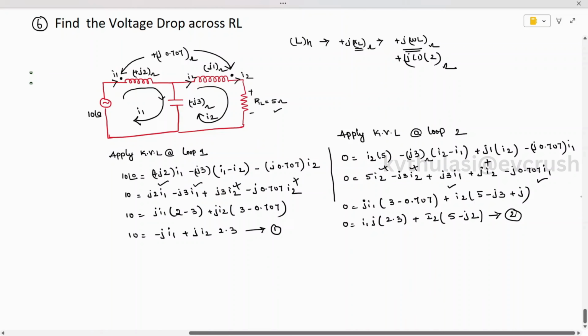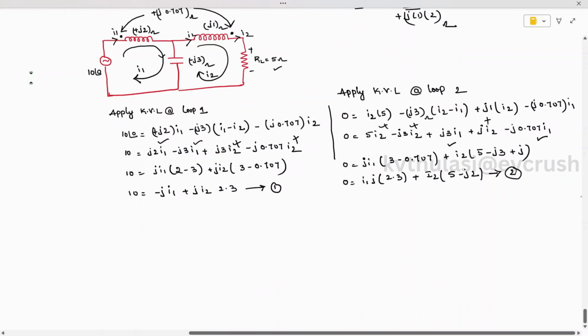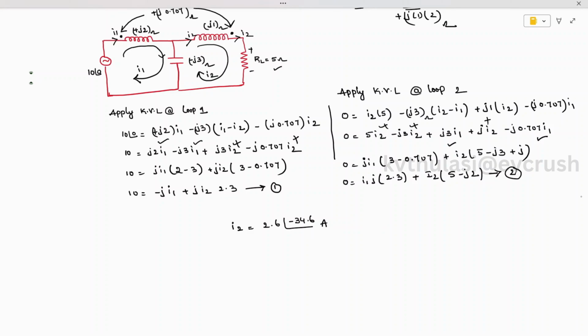Use your calculator in complex mode, then you are going to get I1 and I2. When you solve it, you are going to get the value of I2 equal to 2.6 at an angle of minus 34.6 degrees amperes. The voltage drop is nothing but I into R, which is IL into RL.